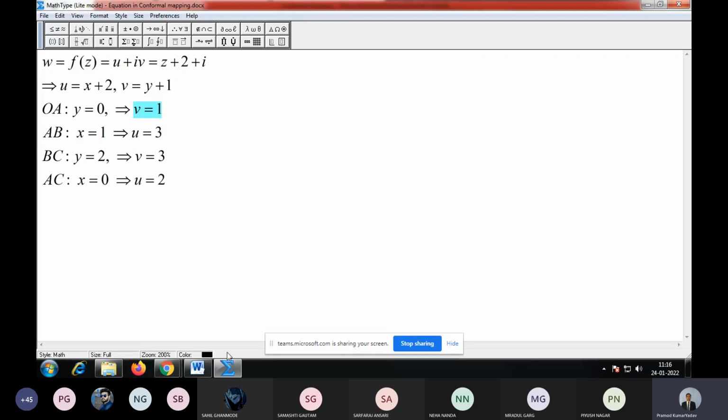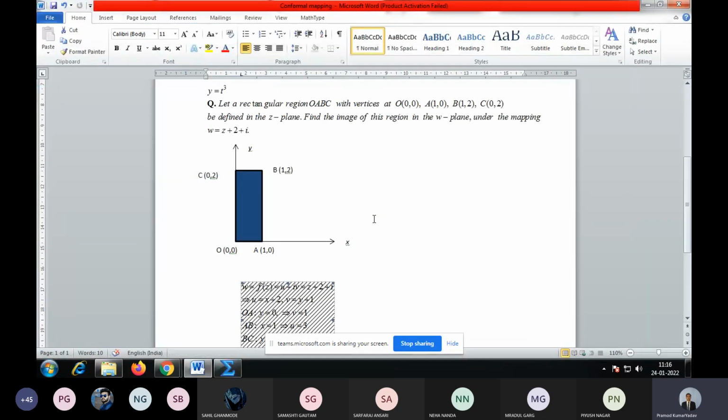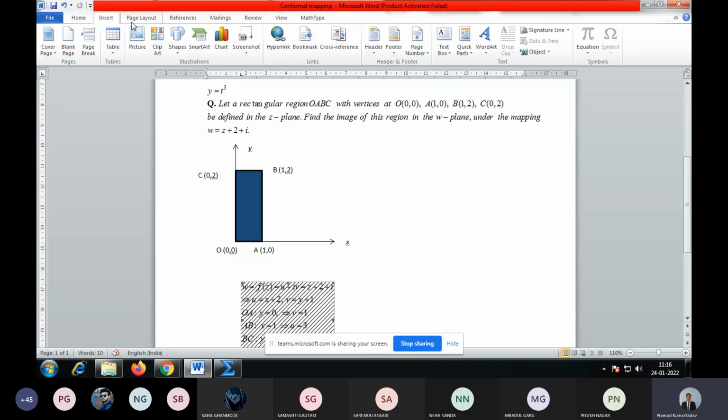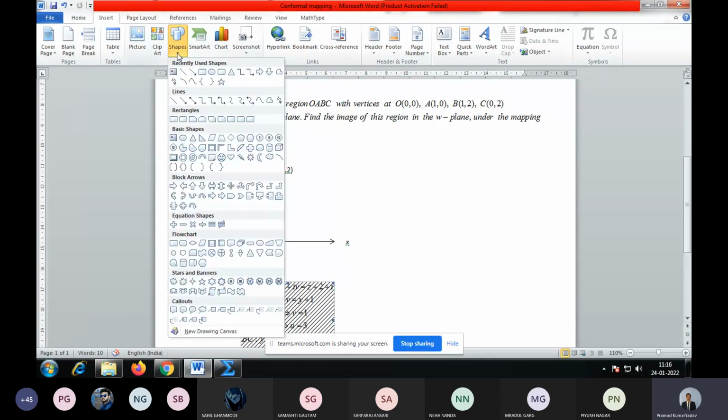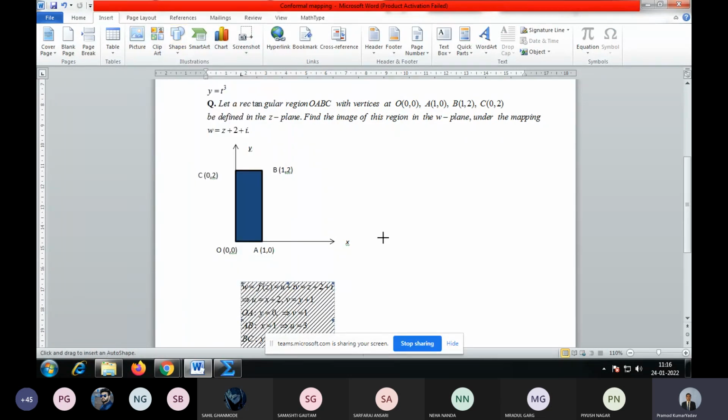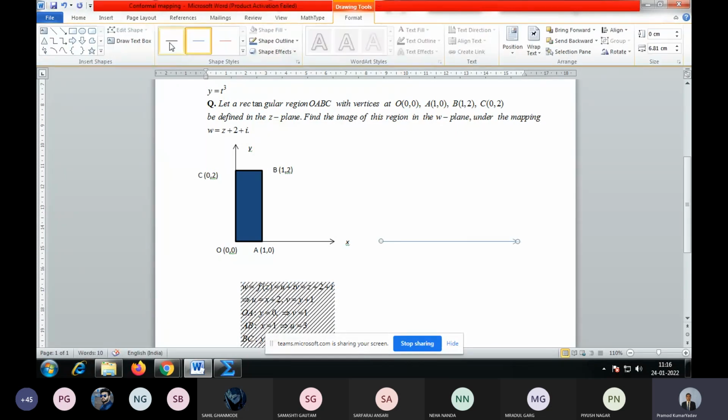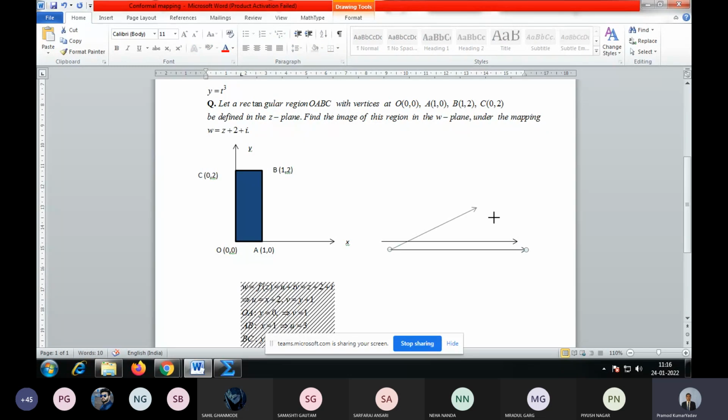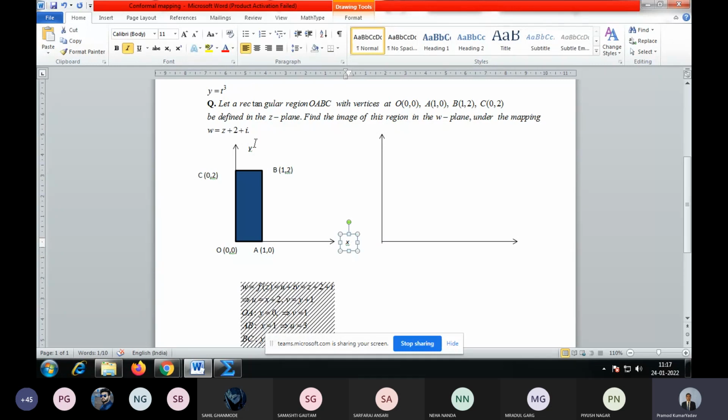Now, you all know that, just a minute, I'm sketching the graph. The same concept here. So here we are going to take the u axis.